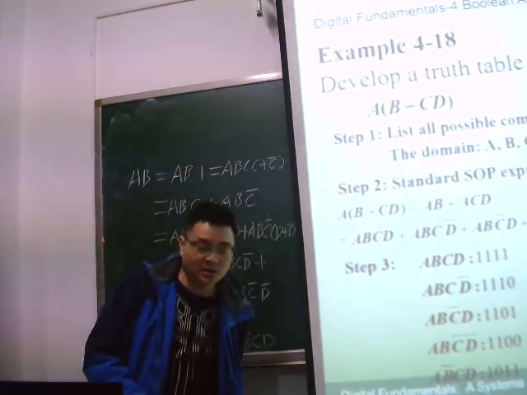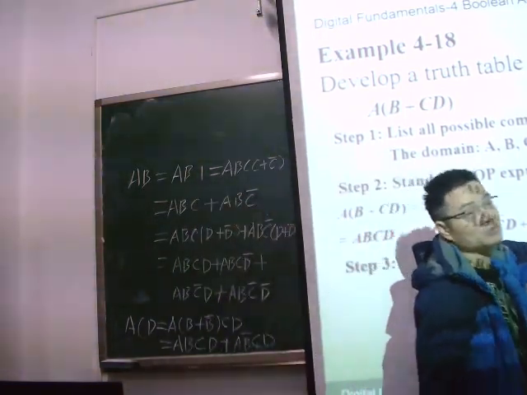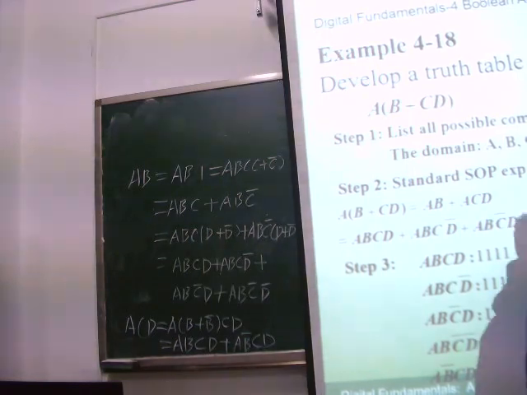So we know that there are 5 ones in the output column. 5 ones.